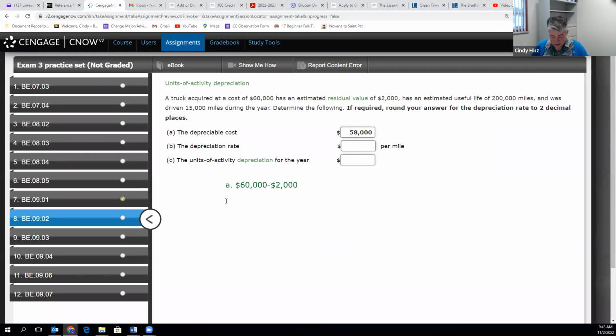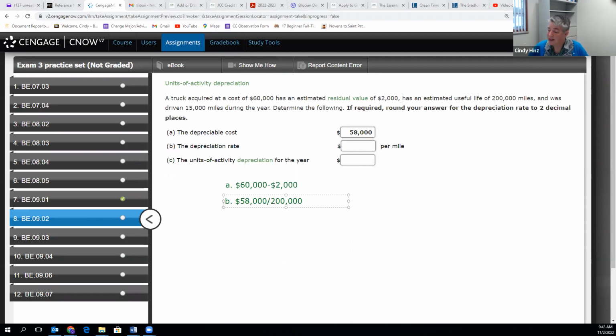Rather than expressing the estimated useful life in time, in years or months, we express it based on the usefulness in miles. And so the calculation for the depreciation rate under units of activity is expressed per unit of use. Again, for this truck, we're measuring that in miles.